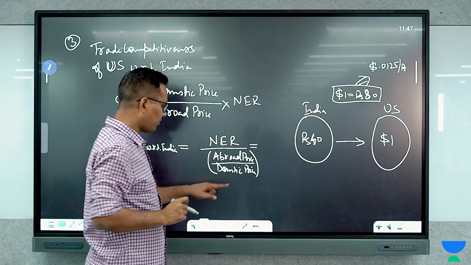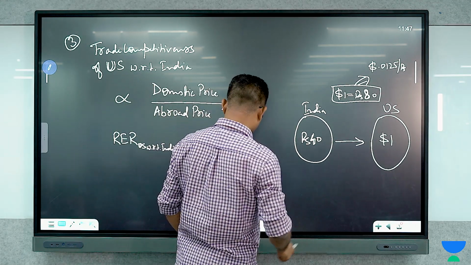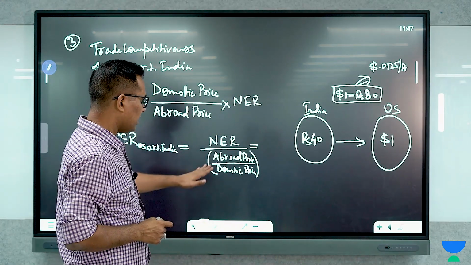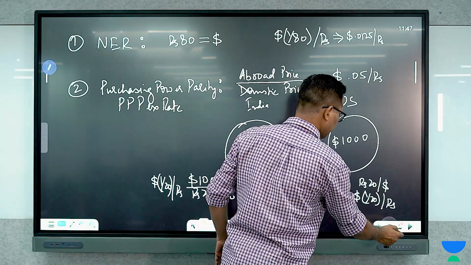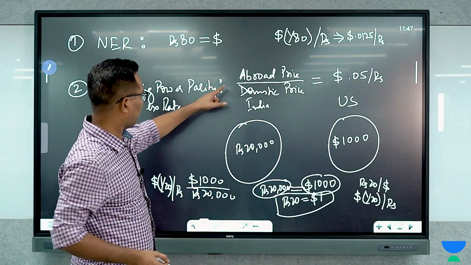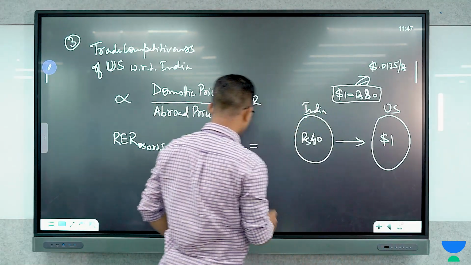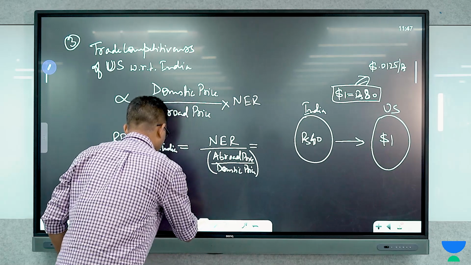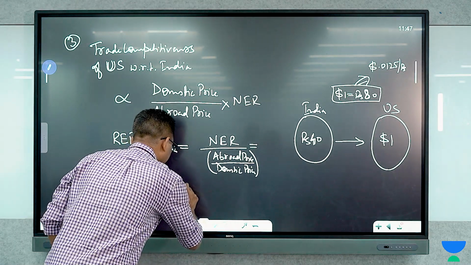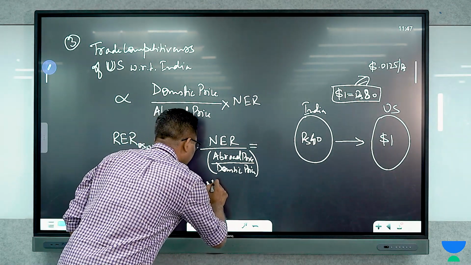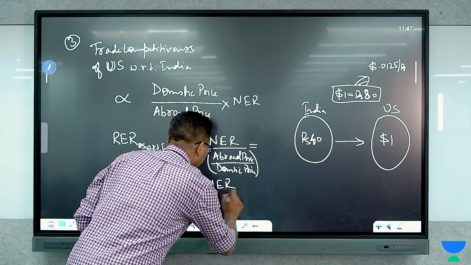And see, abroad price upon domestic price, what does it mean? It means the PPP exchange rate. So, here we can write that the real exchange rate is equal to the nominal exchange rate upon PPP.